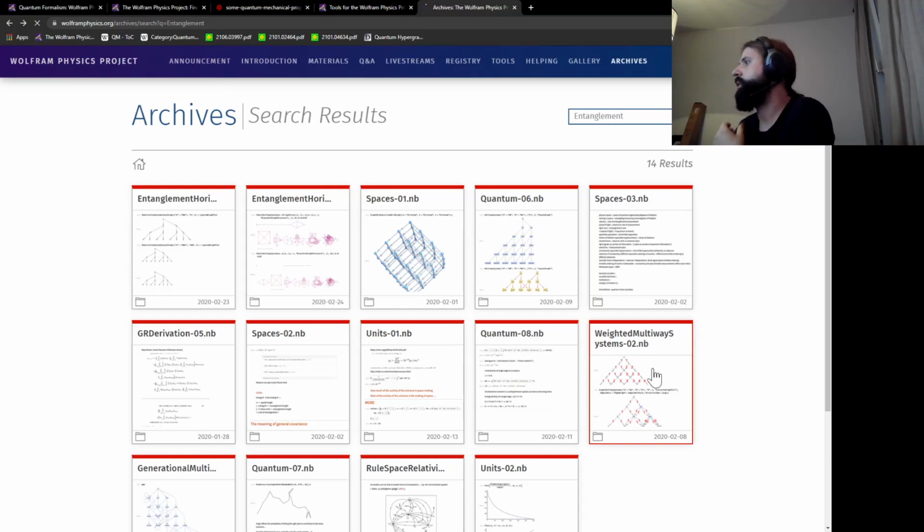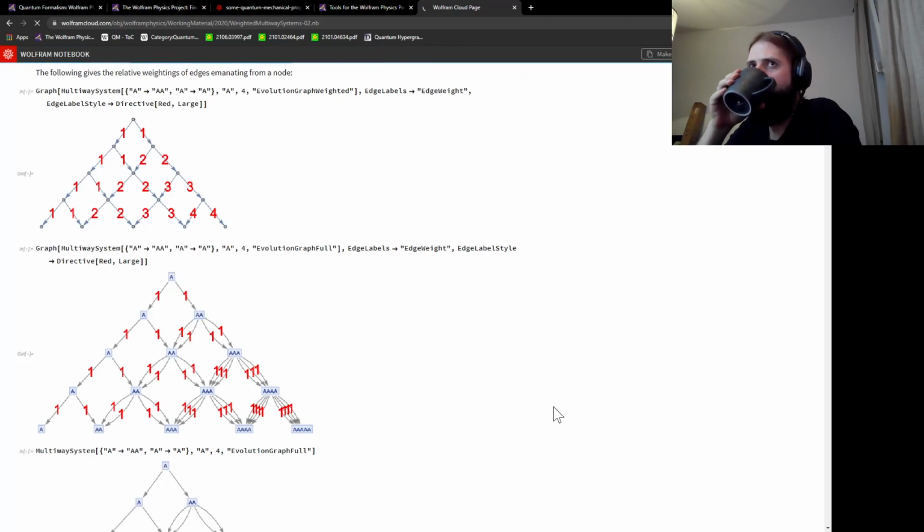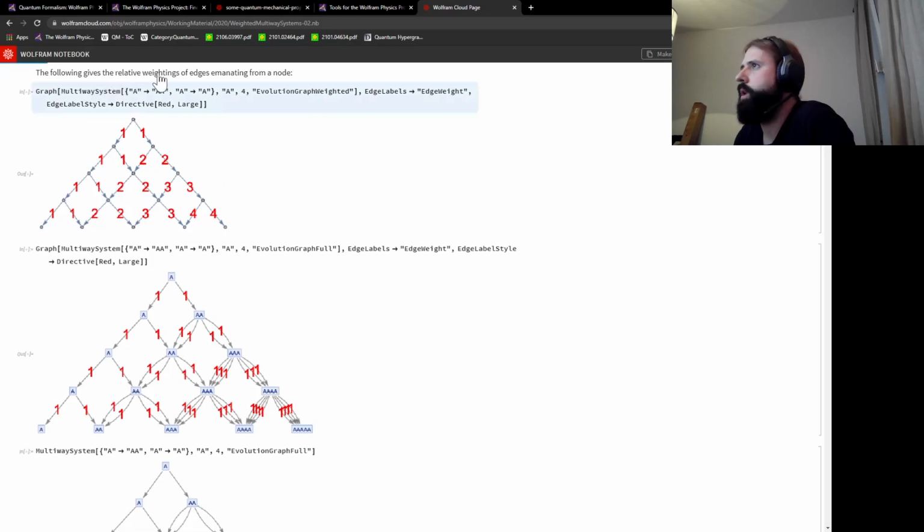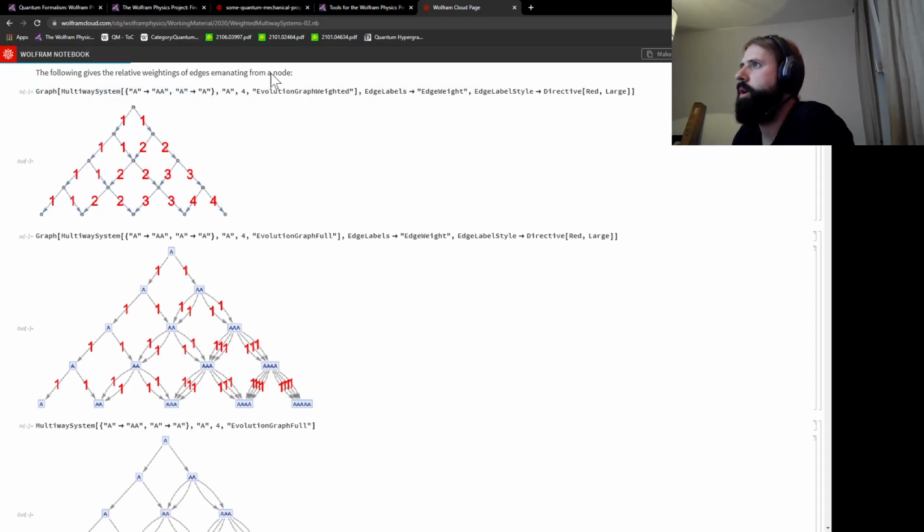Spaces, weighted multi-way systems, okay. The following gives the relative weightings of edges emanating from a node.